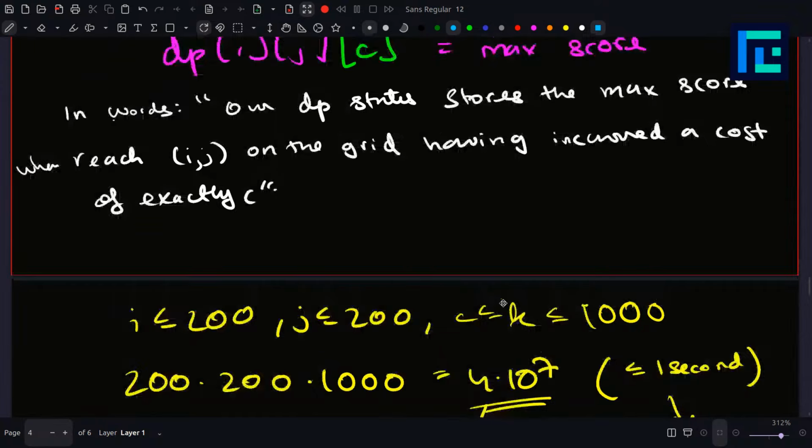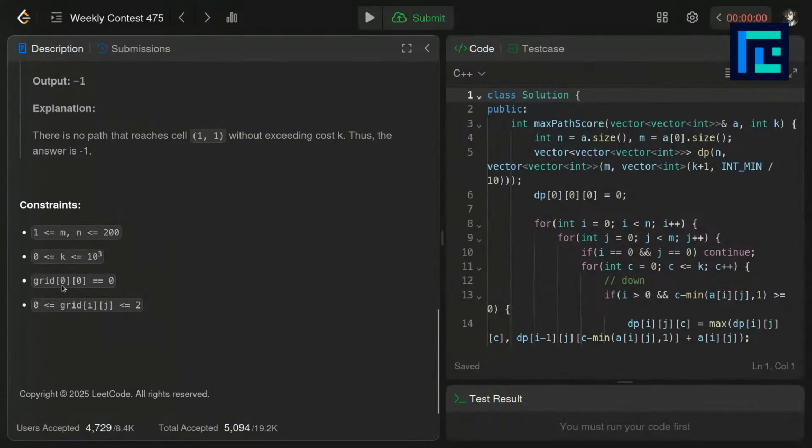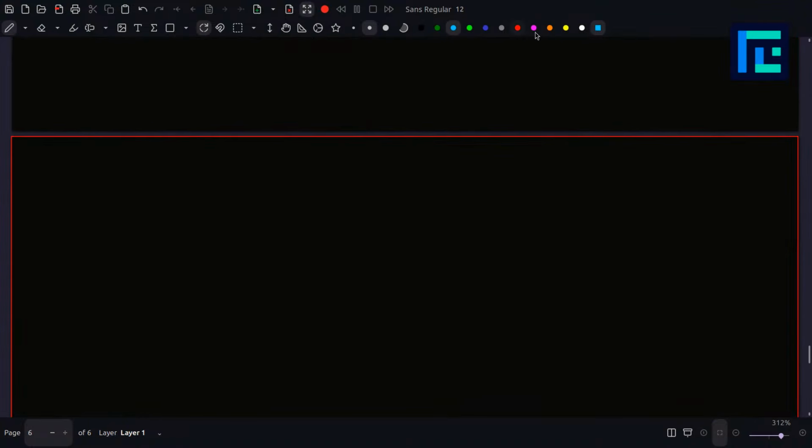What else do we need to look at right now? We need to see the base case. It's already given that grid of 0 0 is equal to 0.